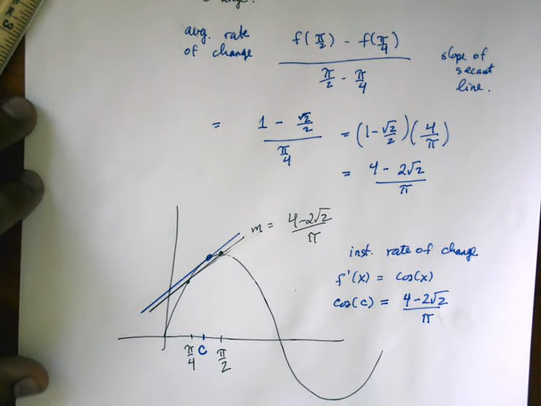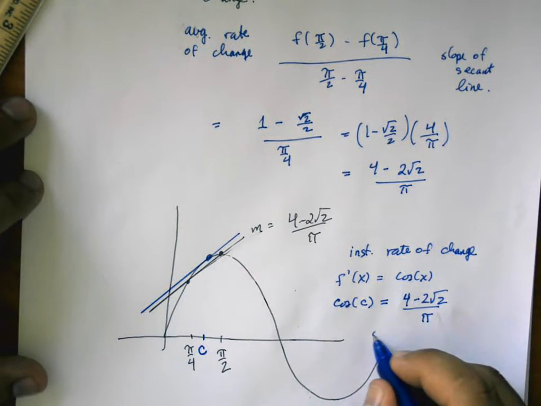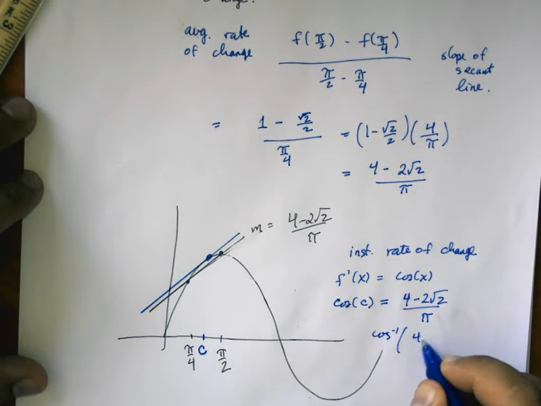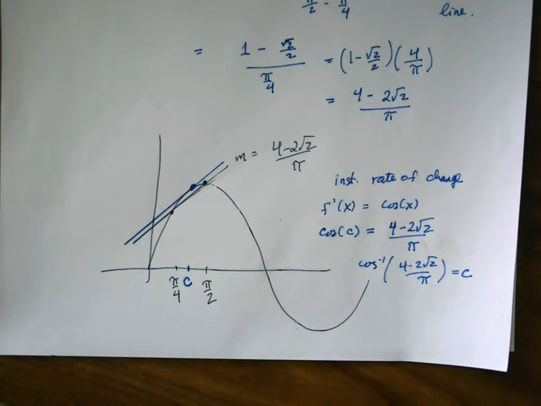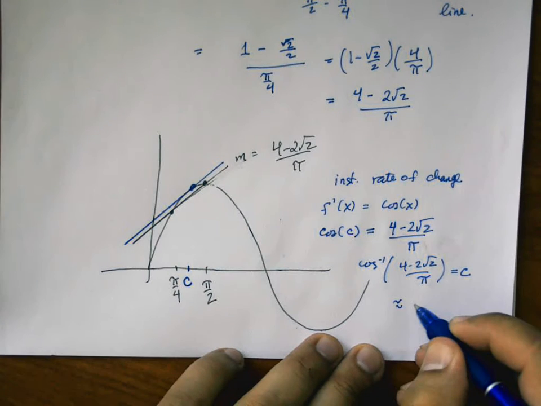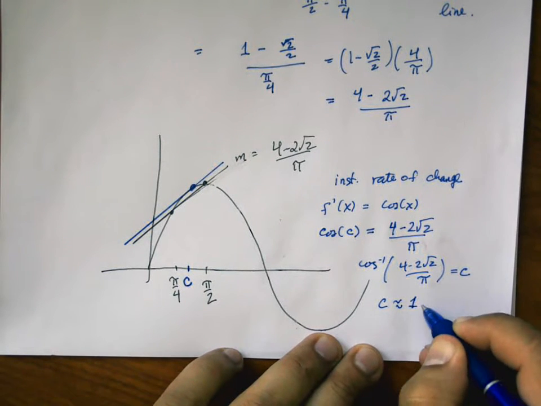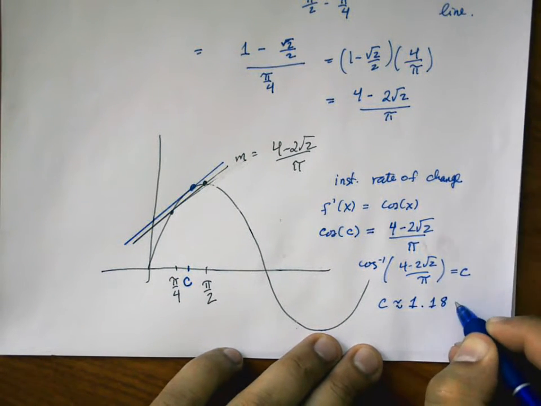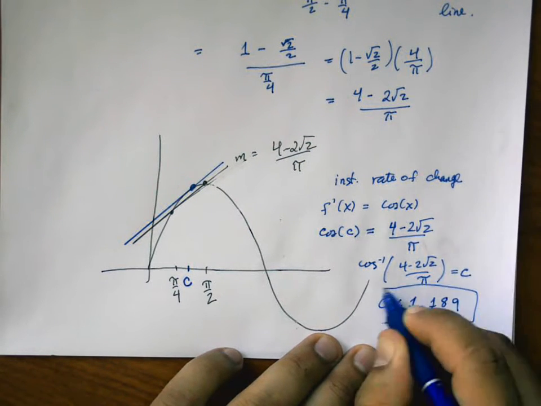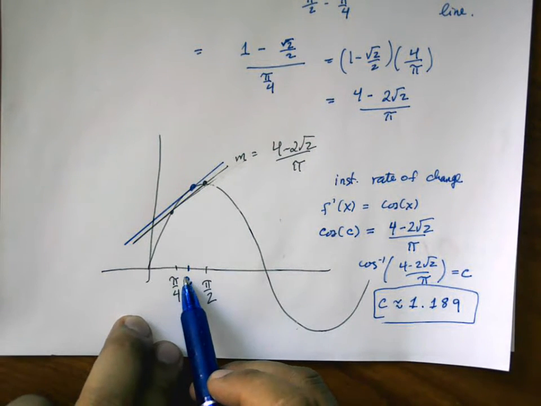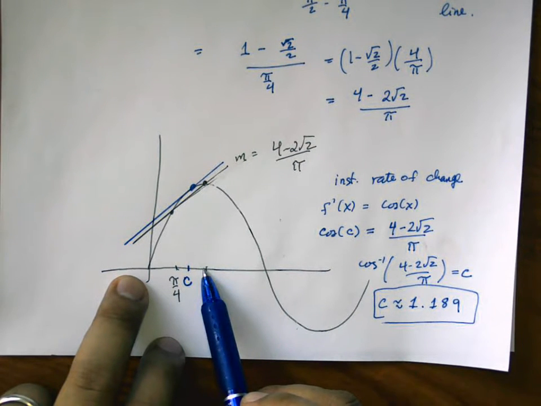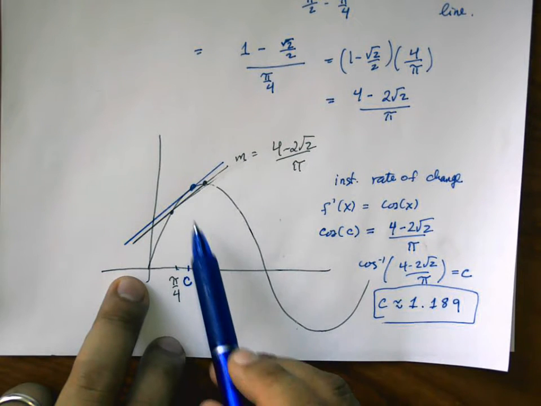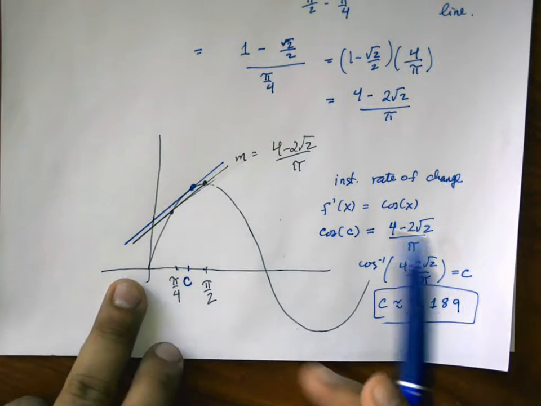And once we work all that out, we will get cosine inverse of this mess right here would be equal to C. And that is about, C is about 1.189. Okay? So this point right here is where the average rate of change in this interval, pi over 4 to pi over 2, is exactly equal to the instantaneous rate of change.